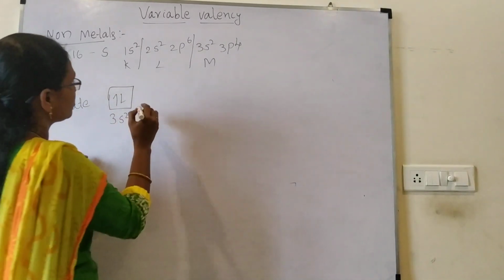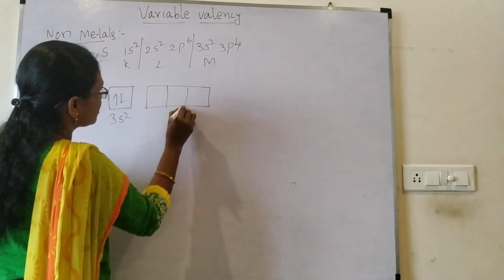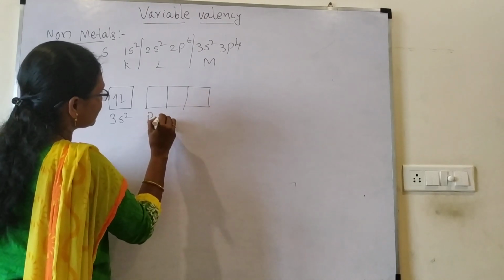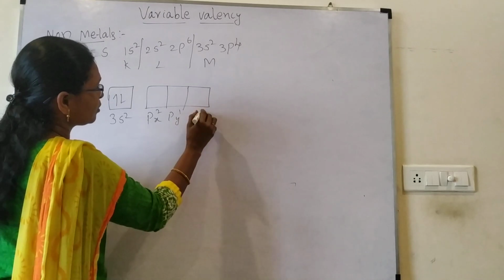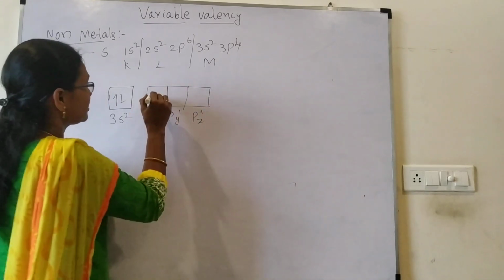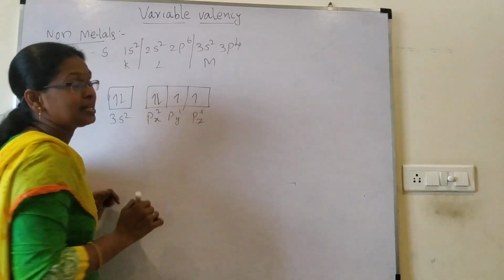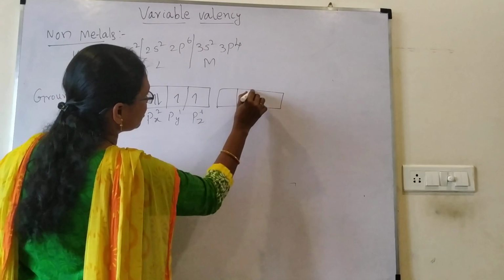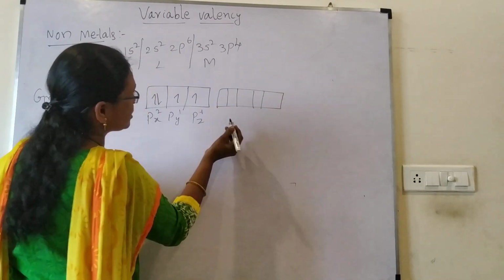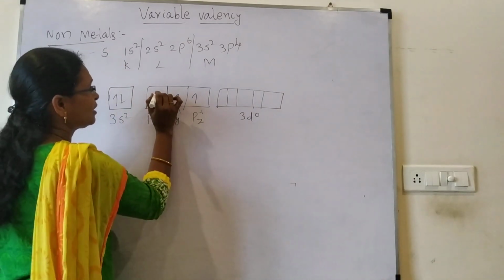Now 3p, how many electrons are there? 4 electrons: px 2, py 1 and pz 1. According to electronic configuration, 1, 1, 1 should fill first, and if extra is there, we keep it as a pair. And 3d will be as usual, 1, 2, 3, 4, 5, so 3d will be 0. The paired electron is there, right?